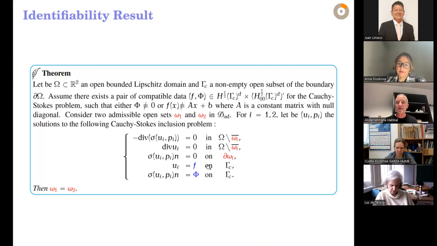I mean, as soon as you have F and phi compatible data, you have uniqueness of the set of inclusions that fulfill this equation, and this will help us in devising algorithms.